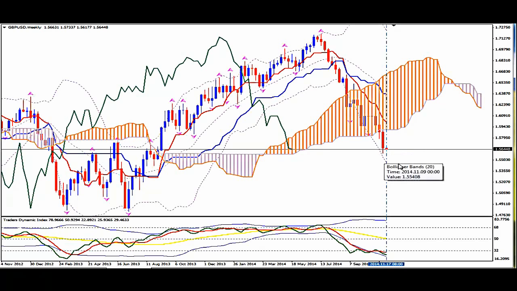This is the weekly, of course, but this week's body is also bearish, so unless we see it becoming bullish and unless we see an angle on the green line of the TDI, we can't expect the fall to stop here.